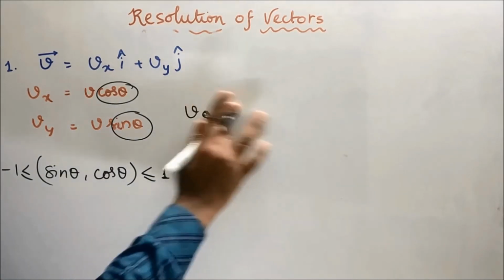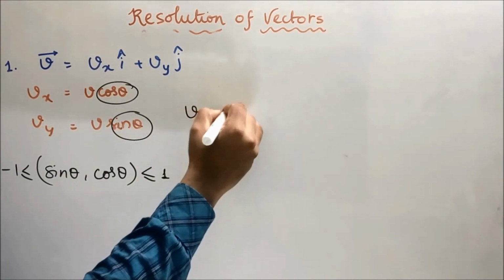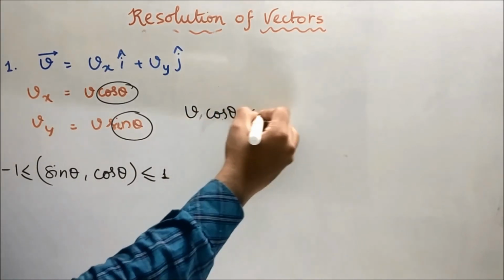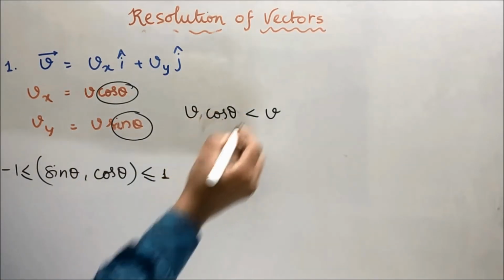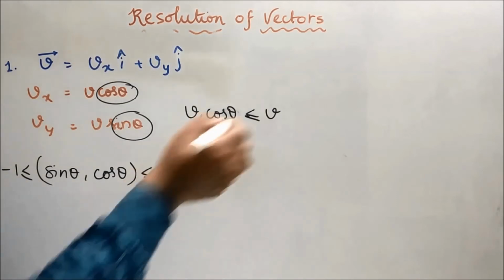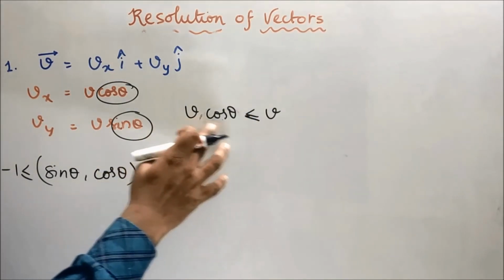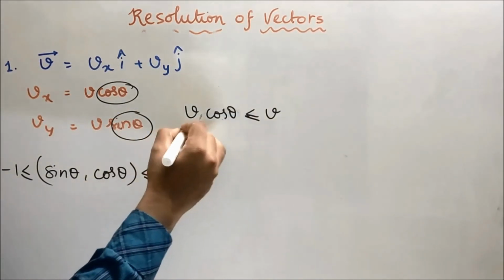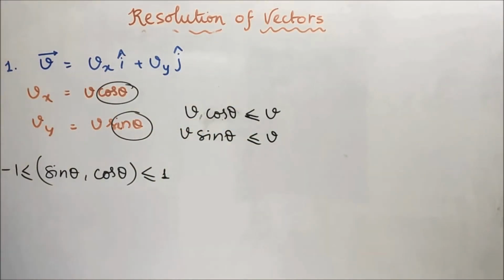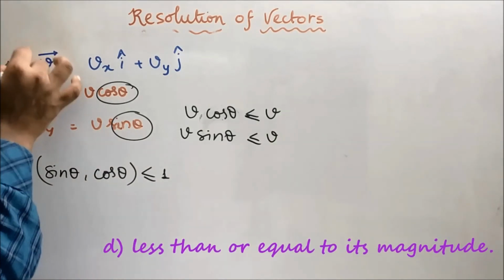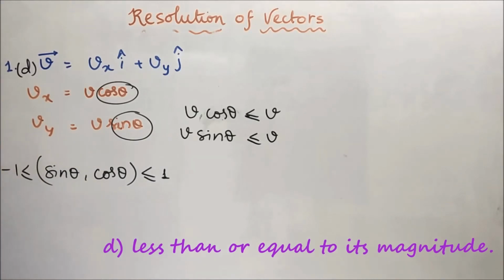Suppose I multiply V with cos theta, its value decreases, its value will be less than V, right? Unless cos theta is 1. So I will put equal to also. So V cos theta is less than or equal to V. What about V sin theta? Same. So which option is correct? Option D, less than or equal to its magnitude.